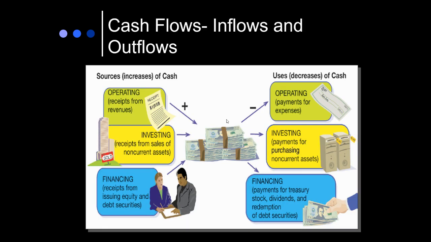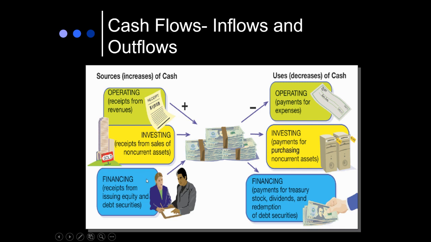So you have to find the net cash balance for operating. This is the inflows and this is the outflows, so you will get the net cash balance. Then for investing, you have to calculate first the inflows and then minus the outflows to get the net cash balance.